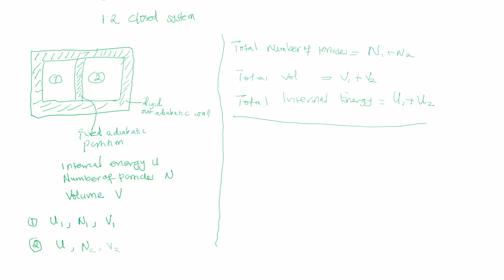Then this system is said to be a closed system. As long as we achieve this, that when you combine these subsystems together, the variables are just a summation of the variables from one subsystem to another, then the system is said to be closed.